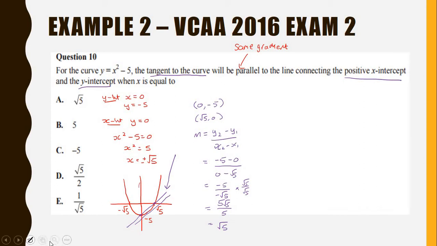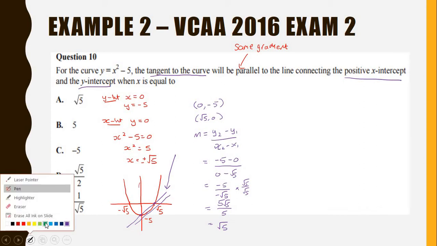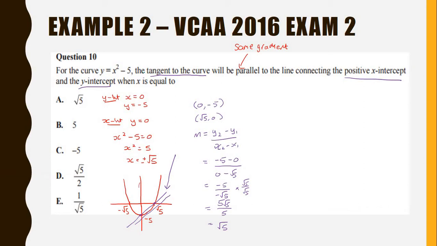Now I want to know where the tangent to the curve is. Tangent to the curve means we want the derivative. So I need to find the derivative of my original function that we had here. We multiply by the power and subtract 1 from the power. The derivative of -5 is 0, so I don't need to write that.